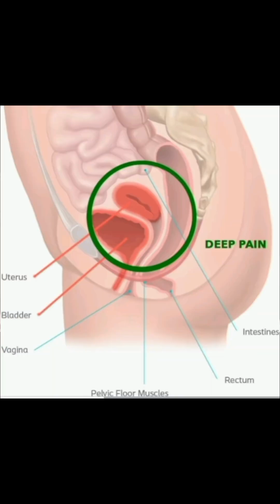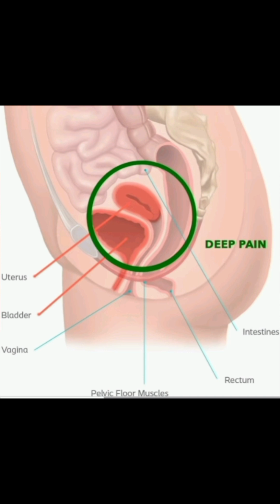Deep pain is a little bit different because it's more during sex, and it can be felt higher up in the vagina or in the pit of the stomach. It is due to thrusting of the penis during sex, and it can be achy.